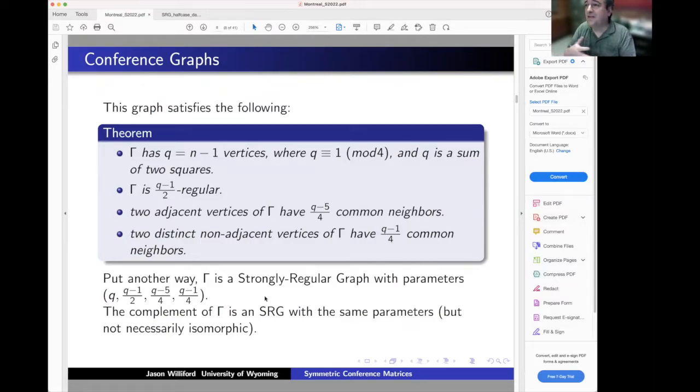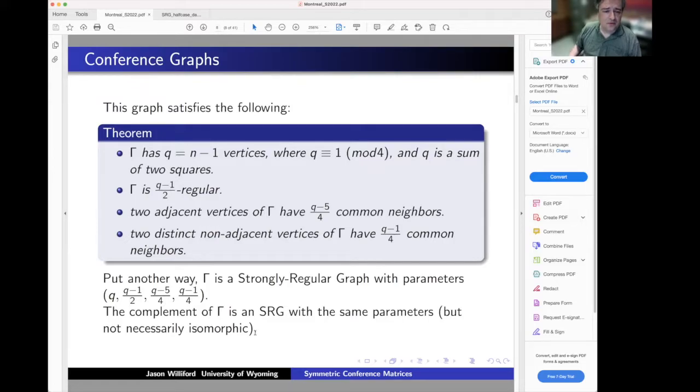In this case, they're exactly the same parameters. That doesn't mean they're isomorphic to their complements. They may or may not be, but they have the same parameters. So when you have a conference matrix that's symmetric, that's really equivalent to the existence of some kind of strongly regular graph.